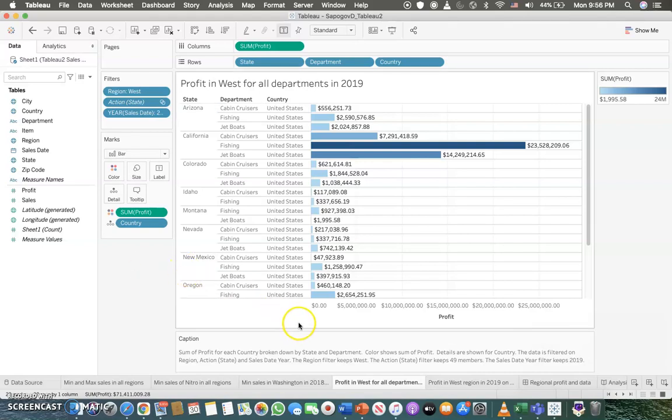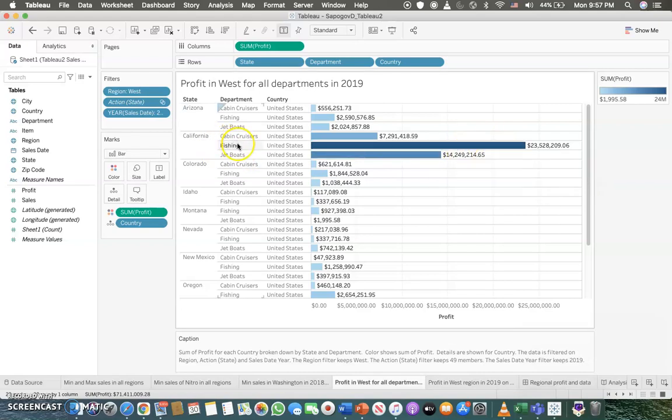Here I wanted to understand how departments generate their profit, so I made this bar chart which is called Profit in West region for all departments in 2019. I started analyzing the bar graph and found out that there is another insight.